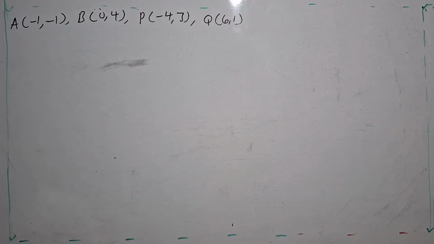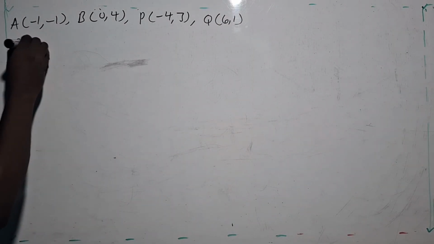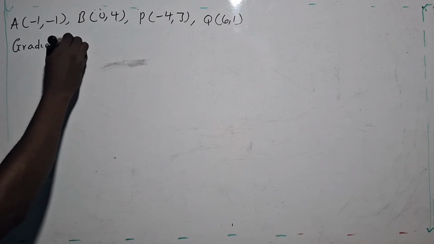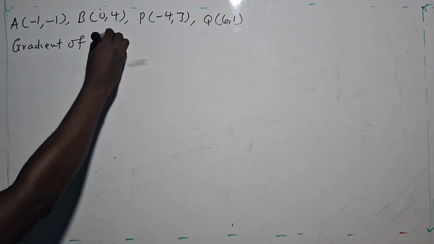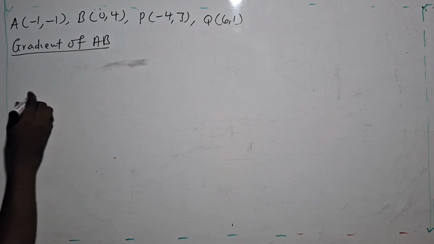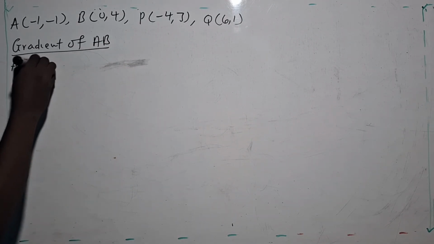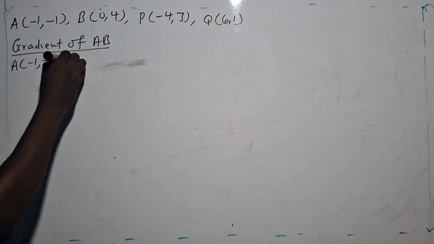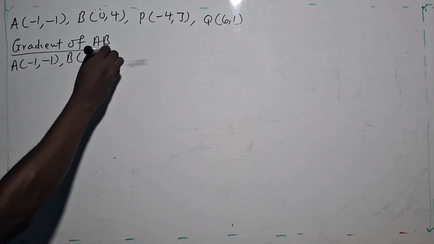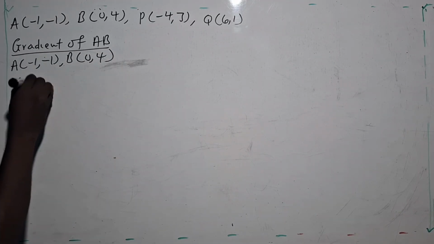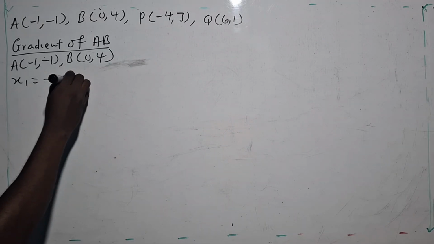So what we have to do is we are going to find the gradient of AB. Gradient of AB. So point A is (-1, -1), point B is (0, 4). So let's locate our coordinates.